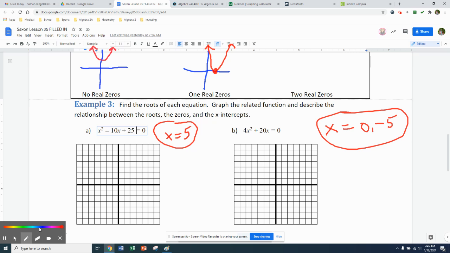I guess I did forget to draw a picture here, but we would want a picture in our notes. 2 real zeros is going to look like where both parts of your quadratic are going to cross your x-axis. All right, heading down then into our next problem.